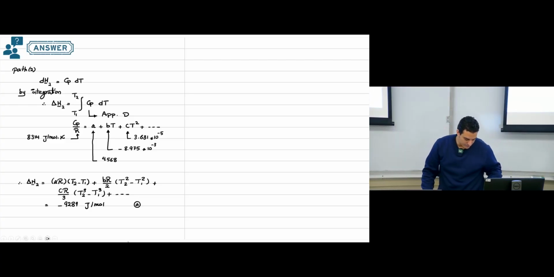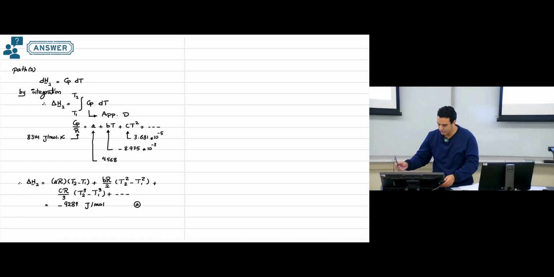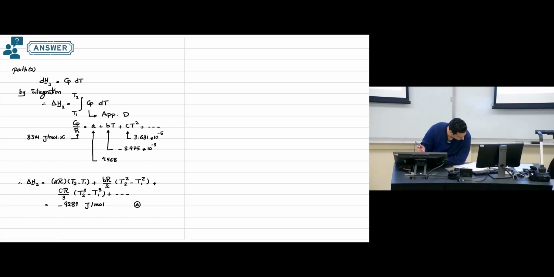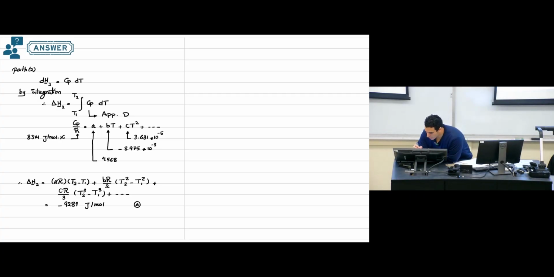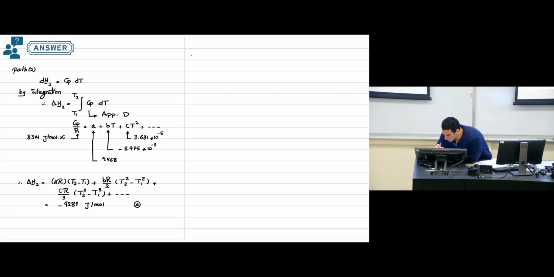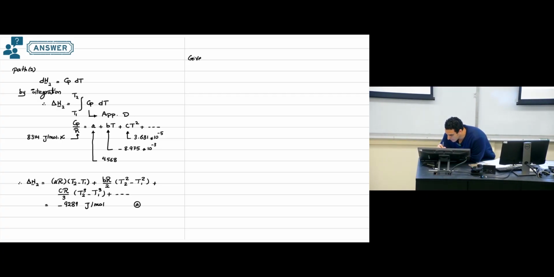For the second path, or let's start with the first path. Okay, so we have given the HR equation. We have residual property HR.